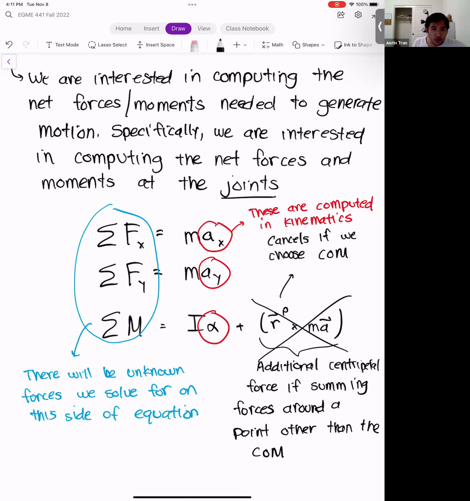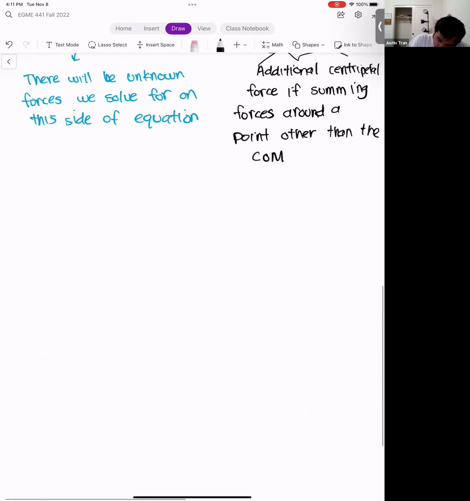Okay. All right. So let's do an inverse dynamics analysis of a squat. This is not going to look like a person.